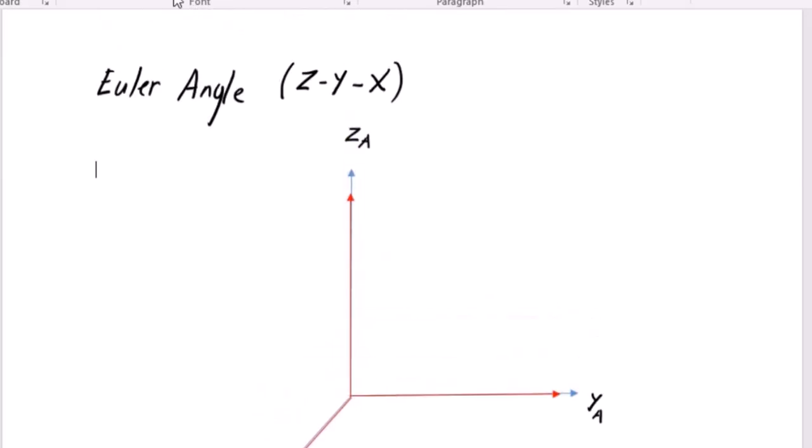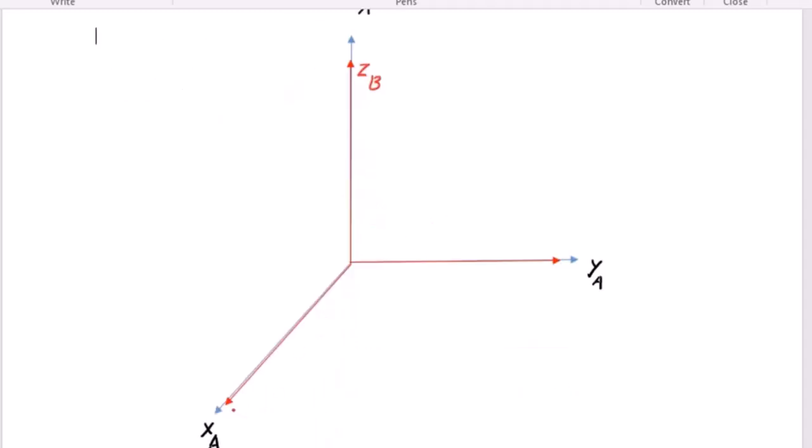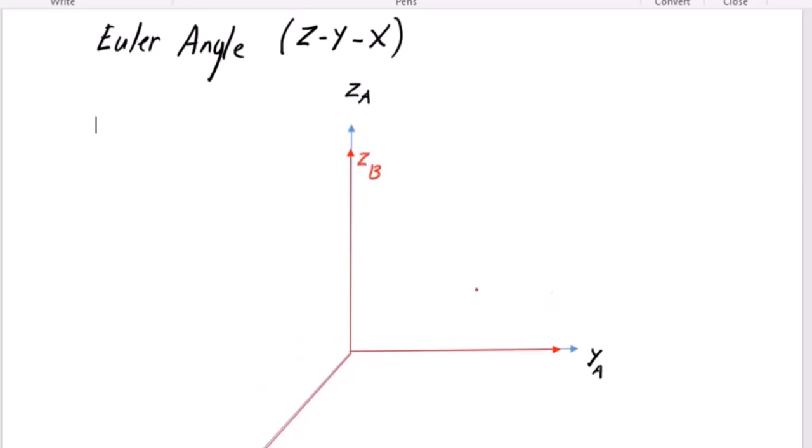So this is frame B. We have the ZB, the XB, and the YB. I will not write them because they will be rotated.